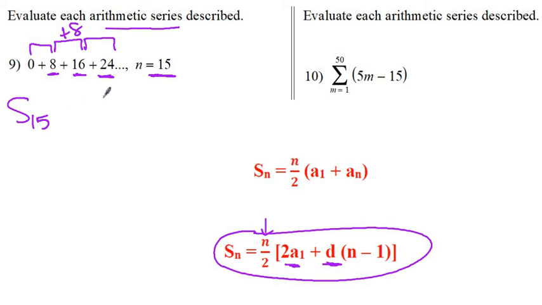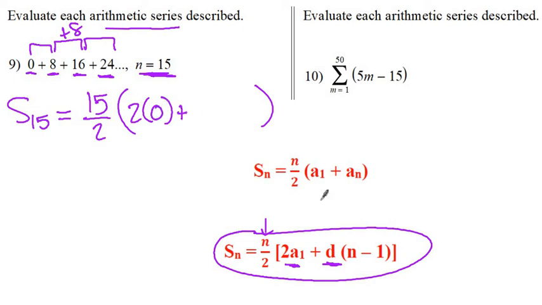So we want to find the sum of the first 15 terms, because they're telling us n is 15. That's going to be n over 2, so 15 over 2, times 2 times a1, a1 is 0, plus, right here it says d times n minus 1. So d, we determined that d was 8, and n minus 1 is 15 minus 1, which is 14.